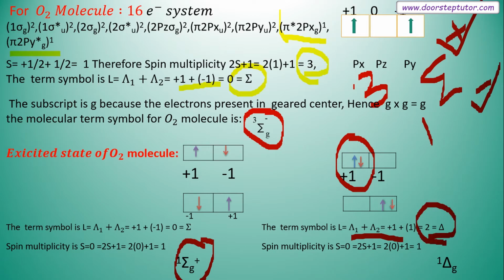Here the spin multiplicity is 1, so the term symbol is 1 delta g. These two cases are not very important. Generally, the term symbol for the O2 molecule is 3 sigma g minus only. Why? Because there are some rules, so we will move to the rules now.